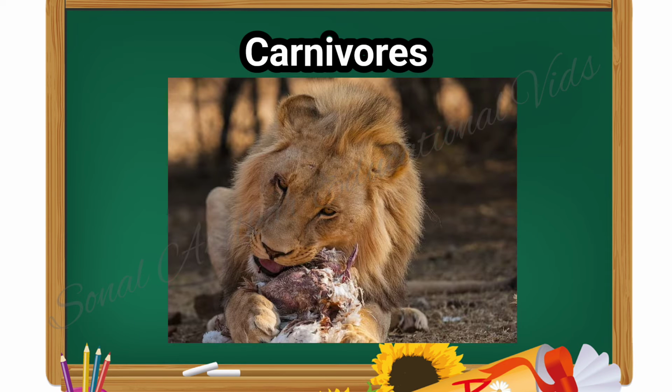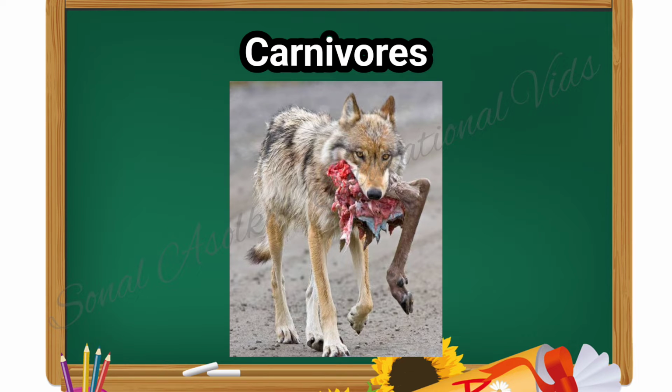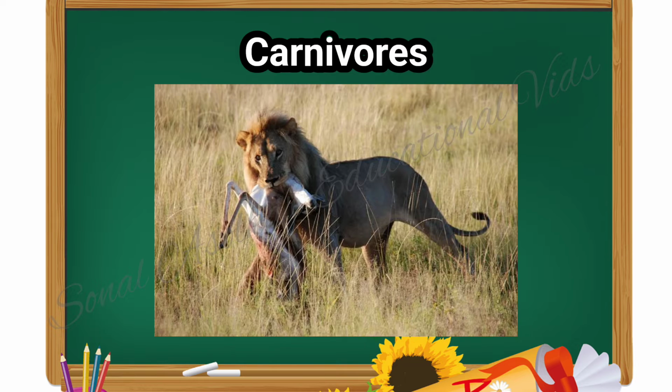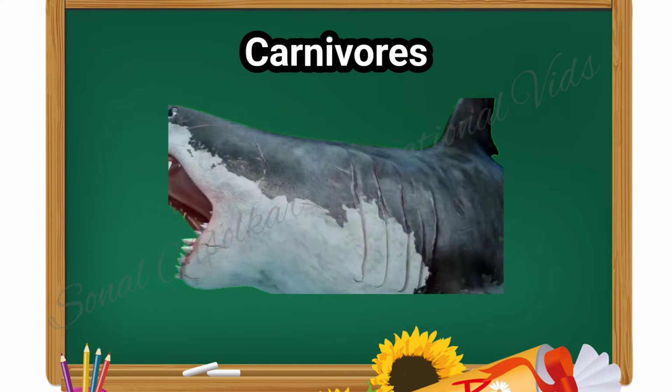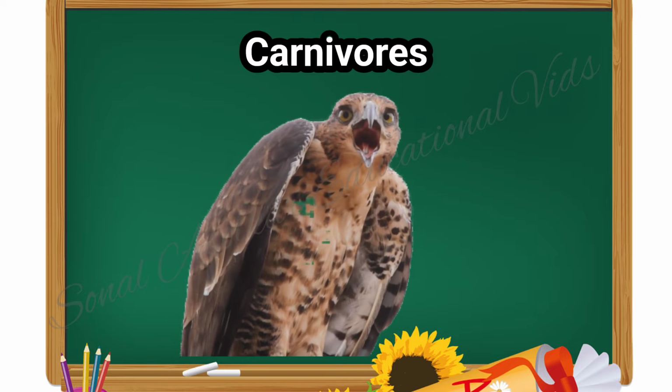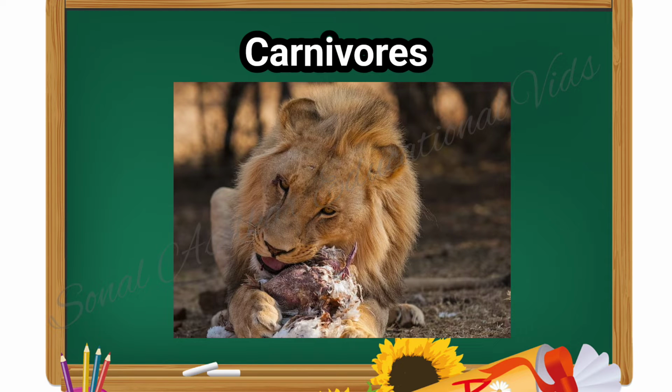They are often described as meat eaters, as their diet consists mainly or exclusively of animals' flesh. Lions, tigers, sharks, and eagles are well-known examples of carnivores. So, students, I hope you understand about the carnivorous animals.